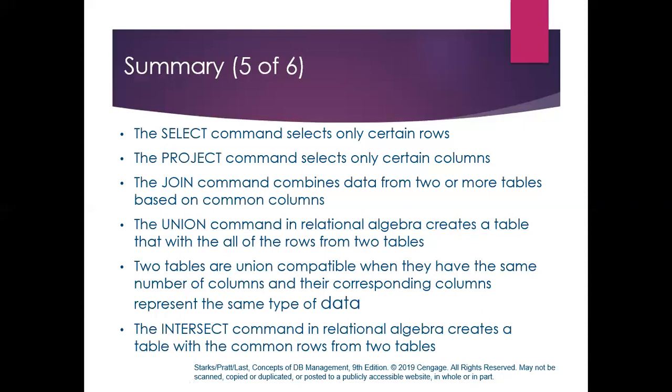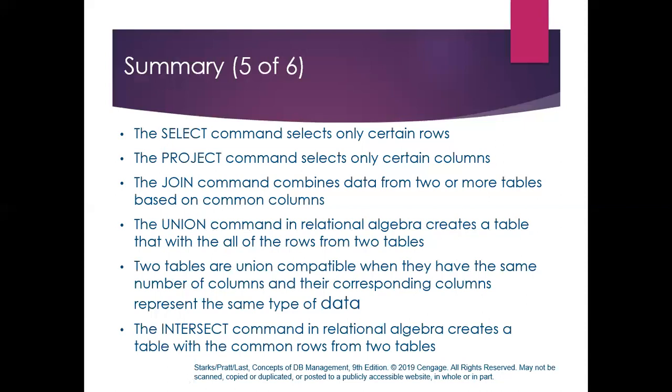The union command in relational algebra creates a table that will have all the rows from two tables. Two tables are union compatible when they have the same number of columns and their corresponding columns represent the same type of data.